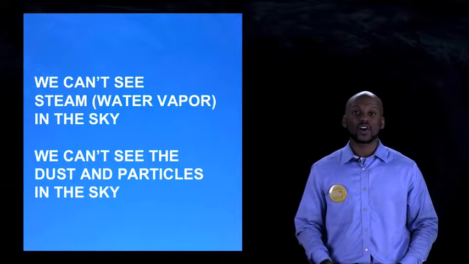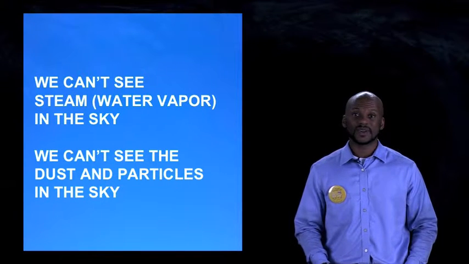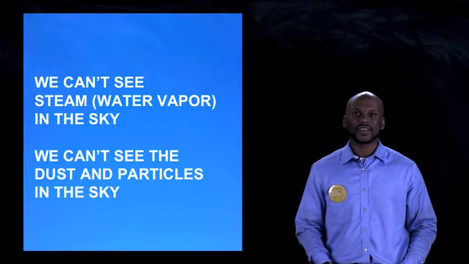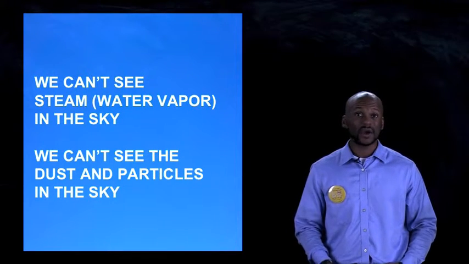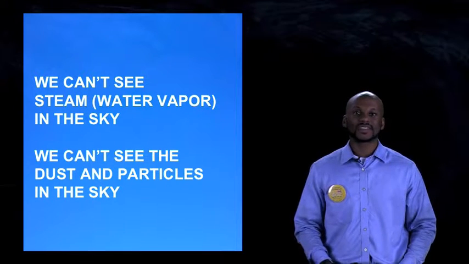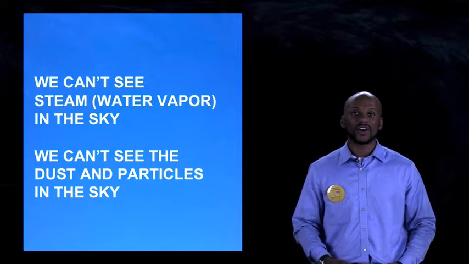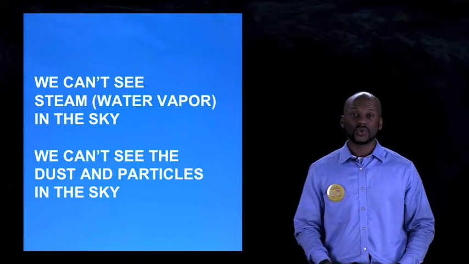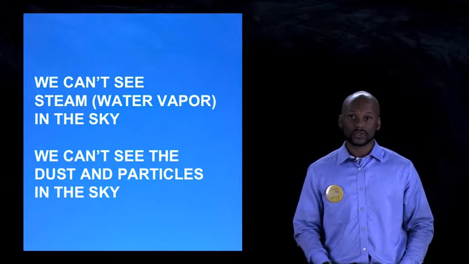Steam is in the air all around us all the time, but it's invisible. We can't see it. In the same way, there are billions of particles of dust in the air floating around us that we can't see either. Clouds are formed when the sun heats steam and causes it to rise. As it rises into the sky, it cools and becomes water particles.